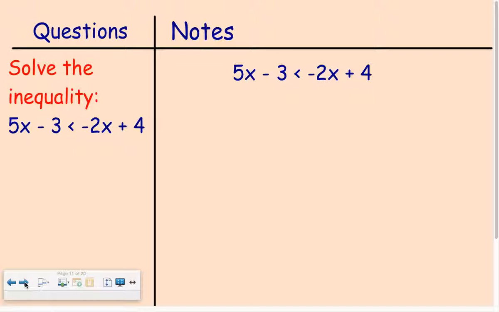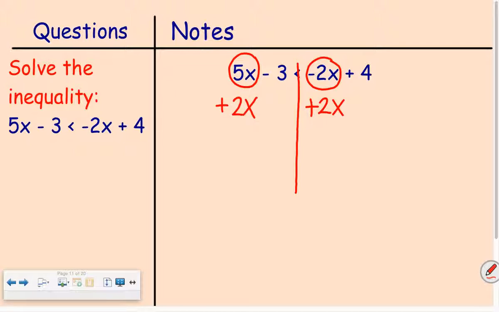5x minus 3 is less than negative 2x plus 4. So circle both of your variables. They're on both sides again. Draw your train tracks. Let's get our variable on the same side. So we could either minus 5x on both sides or add 2x on both sides. So I'm going to add 2x to keep things positive. 5x and 2x makes 7x.